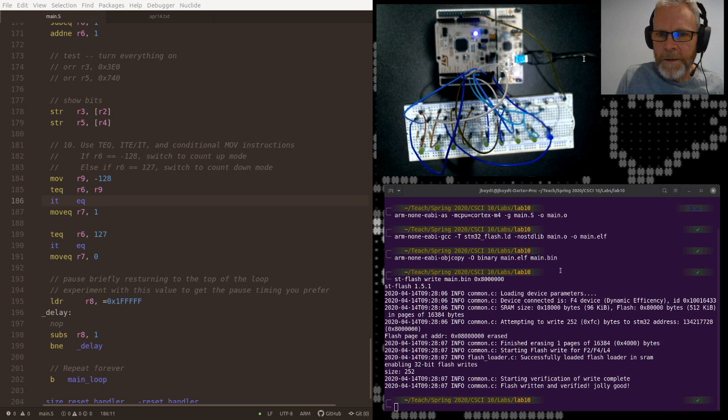Okay, so it turns out that the ARM family of processors actually has 3 different instruction sets. There's what we sort of call the full ARM instruction set, and then we also have the Thumb instruction set and Thumb-2. The full-on ARM instruction set are 32-bit instructions.